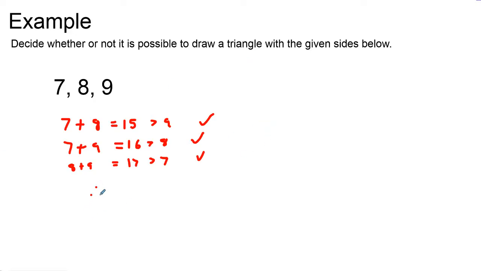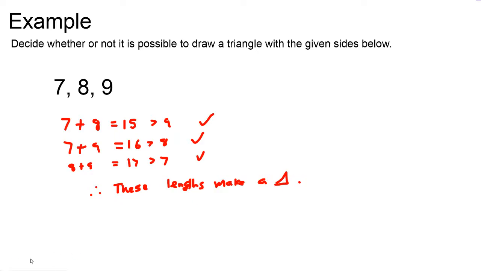So therefore, these lengths make a triangle. This is going to be a little tough to write out, so bear with me here. These lengths make a triangle.